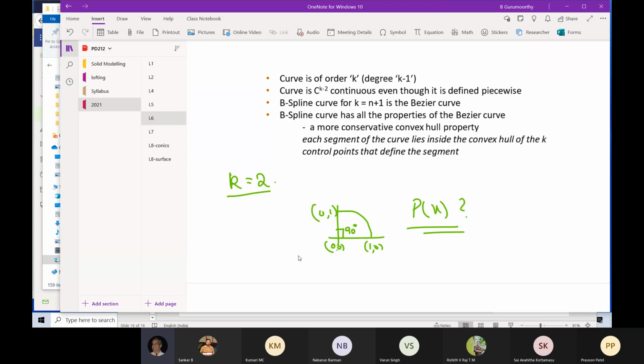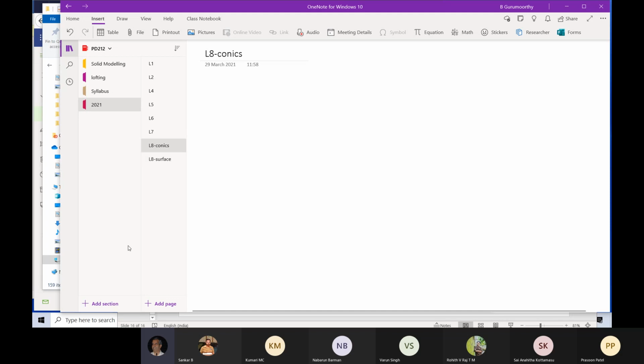In this case, we used the example of the quadrant of a circle, an arc of a circle at 90 degrees, a very specific case, with the origin at the center and the start point and end point of the arc given. The question asked was, can we write down a spline representation for this entity? I'm going to start with this question in today's class.